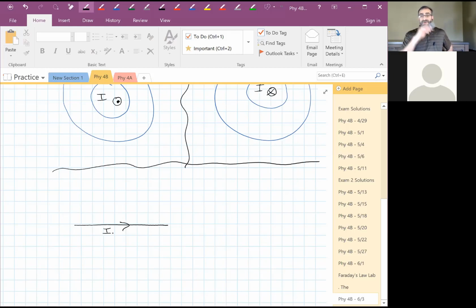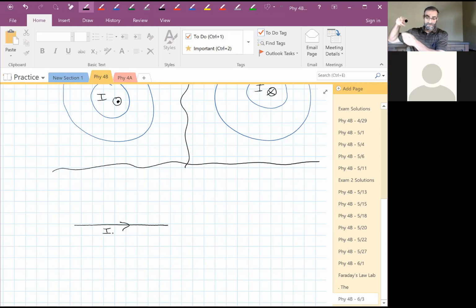Right? We know it forms circles around the wire. So we need a stick. Okay, so it forms circles around the wire.